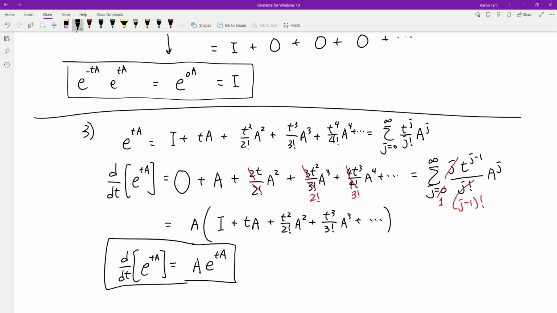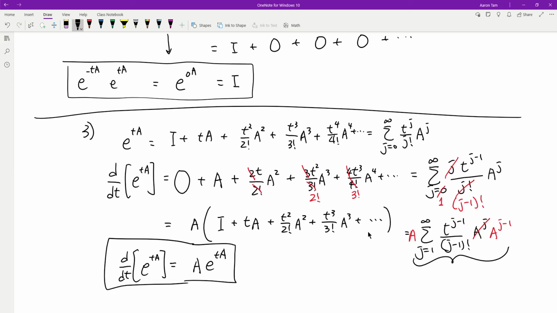And now this would basically just form this summation: t to the j minus 1 over j minus 1 factorial A to the j, where we separate the A to the j into A to the j minus 1 with an A in front. And this basically forms this summation right here.